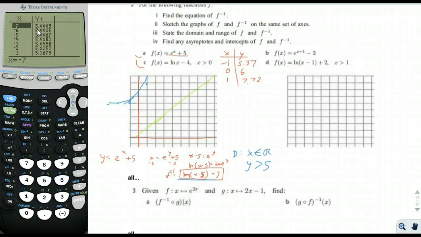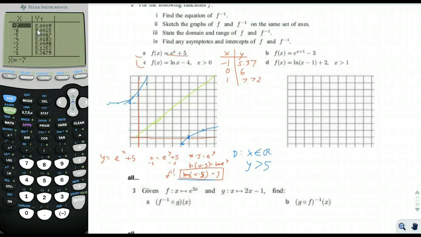So instead of -1, 5.37, I would put 5.37, -1. Instead of 0, 6, I would put 6, 0. Instead of 1, 7.72, I would put 7.72, 1. Okay, so that would be the reflection there.